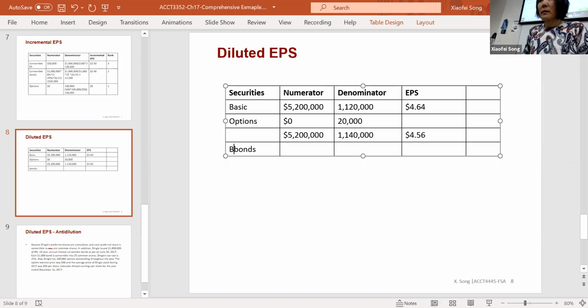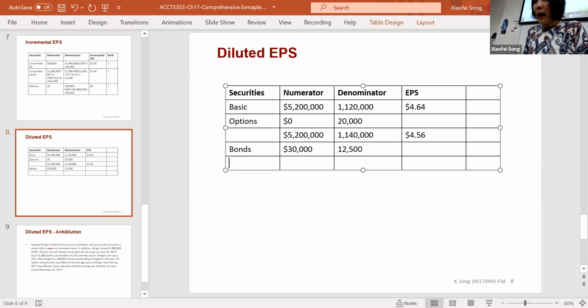If they're not convertible, we won't even bother with it, right? So the convertible bond has an impact on the numerator, which is an increase by 30,000, because that's the interest that will not have to be paid. And it increases the denominator by 12,500.